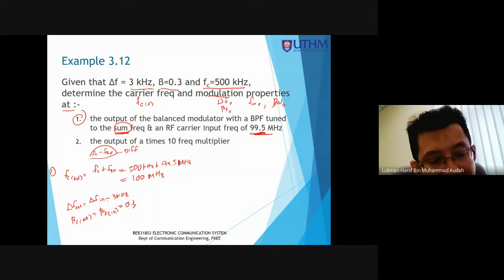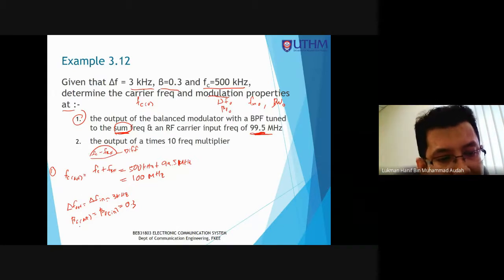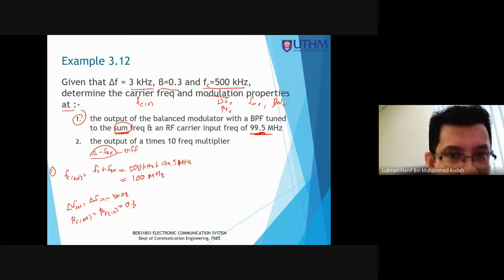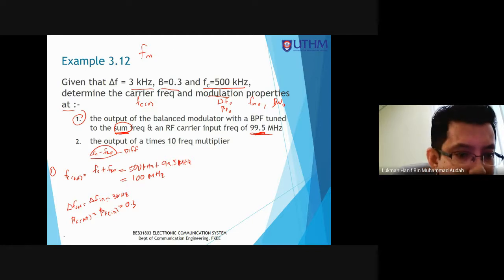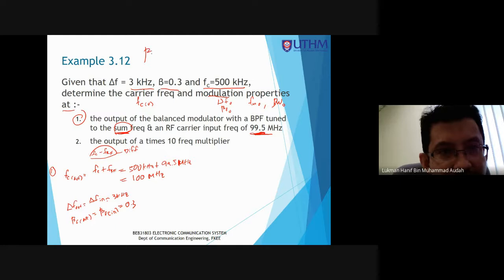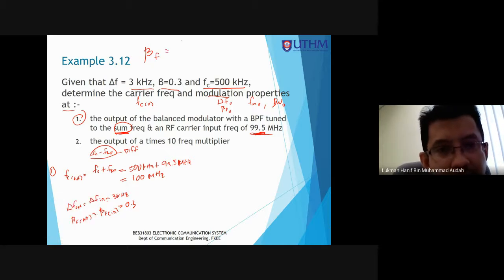Okay. What about the FM? FM sebenarnya kita boleh kira sini. Remember that okay, yeah. So beta, if you remember, beta F is equal to delta F over FM. Kalau masih ingat lagi, beta F bersamaan dengan delta F over FM.